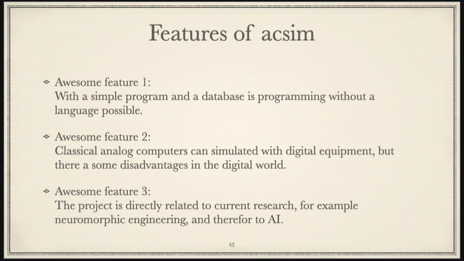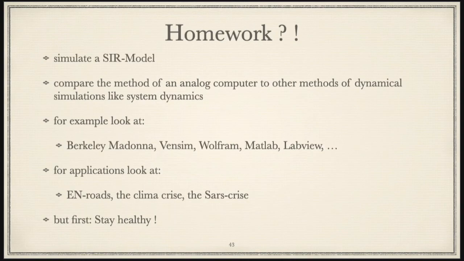That's not our job here. Feature 3: the project is directly related to current research, for example, neuromorphic engineering, and therefore to artificial intelligence. Look at the README. You can do some homework. I do it not at the moment.